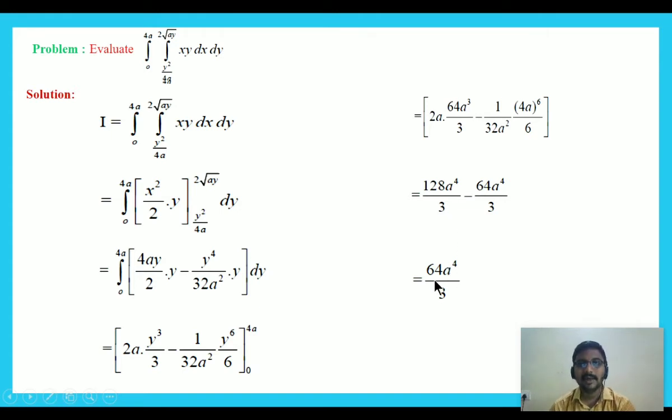So it is the required result of the double integration. Don't forget, x limits are variable limits in terms of y. These limits are related to x, and then we have to apply the integration with respect to y. We have to give preference to variable limits.